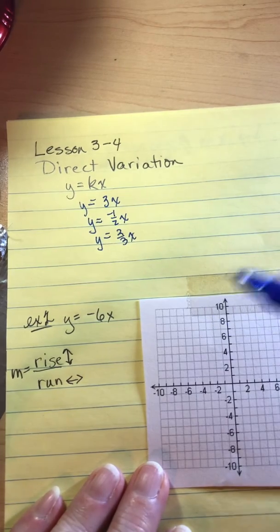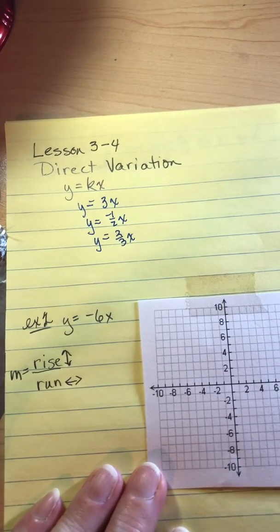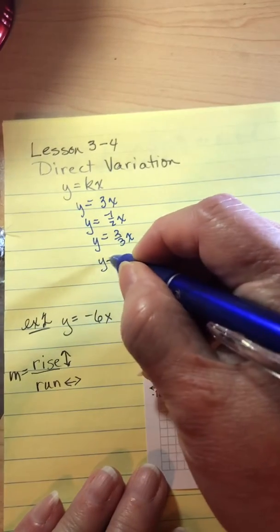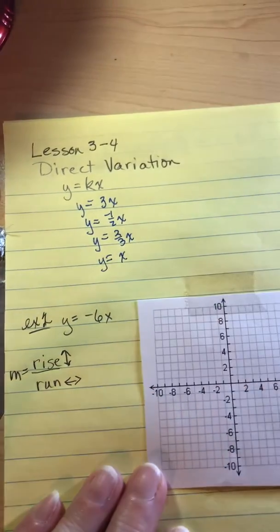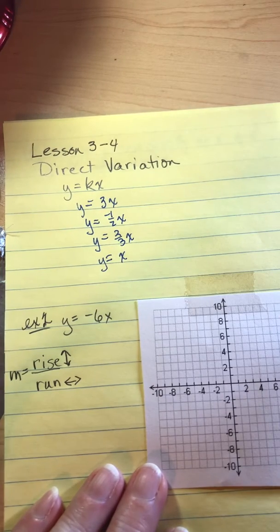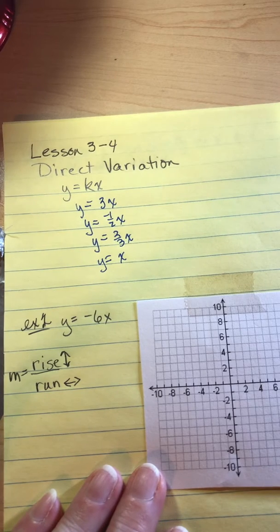So the y and the x have to be there, but there's got to be some number. Now, hopefully you realize that if I had y equals x, then k equals 1. But it's got to be y equals some number times x.